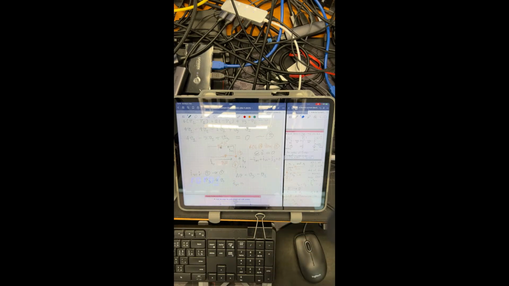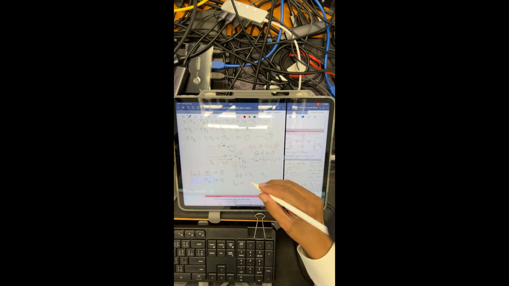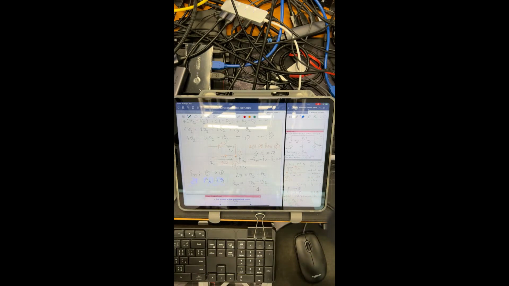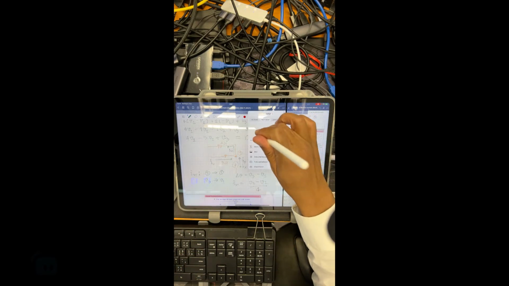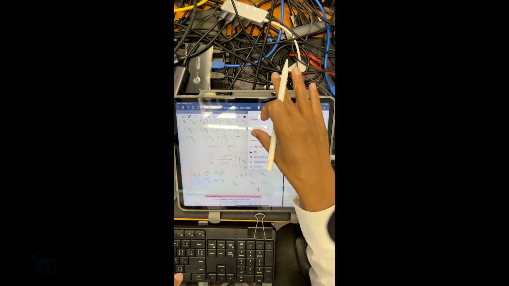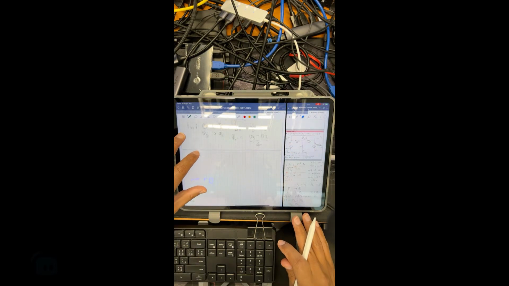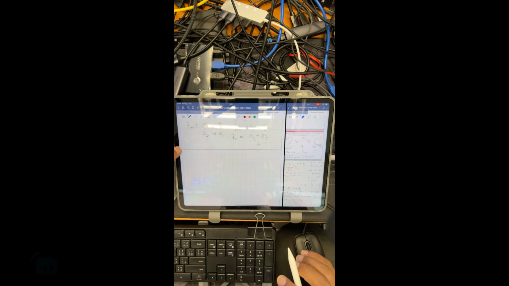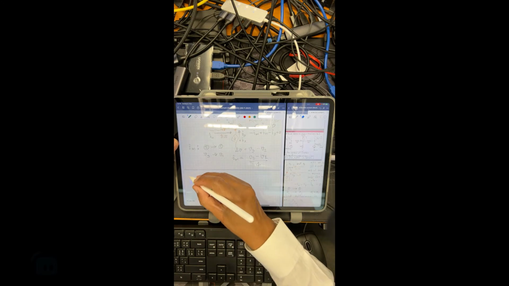The current passes this resistor of 4 ohm, so we're going to have V3 minus V1 divided by 4. It's not too difficult. Let's talk about the next current, IN, from node number 2 to node number 3.